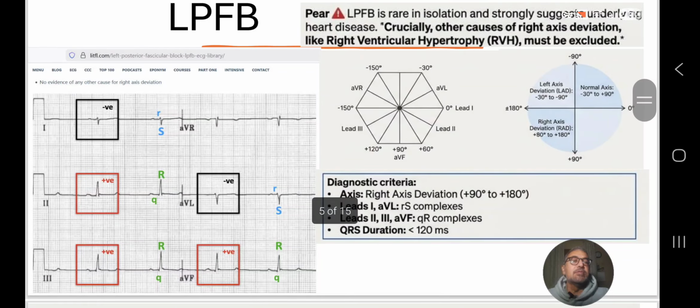Left posterior fascicular block, on the other hand, is right axis deviation, plus 90 to plus 180. And you would expect lead 1 and AVL to have RS complexes, and leads 2, 3, and AVF to have QR complexes. The QRS duration is less than 120 milliseconds.